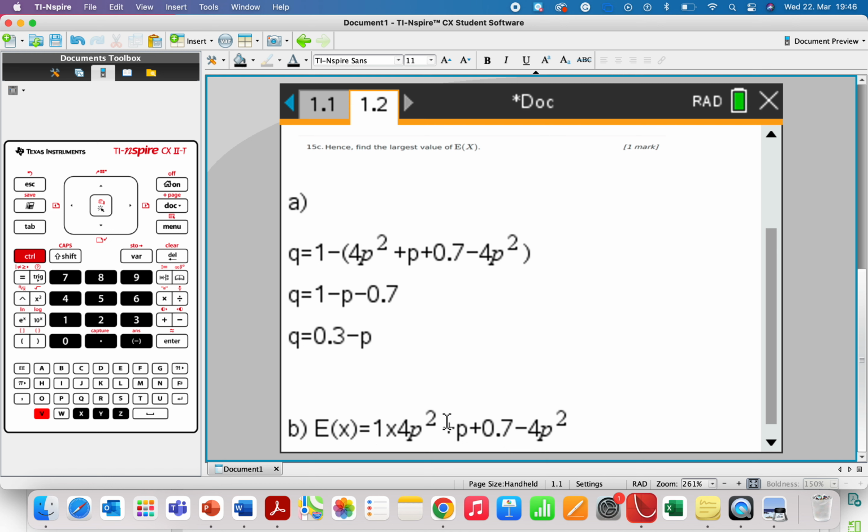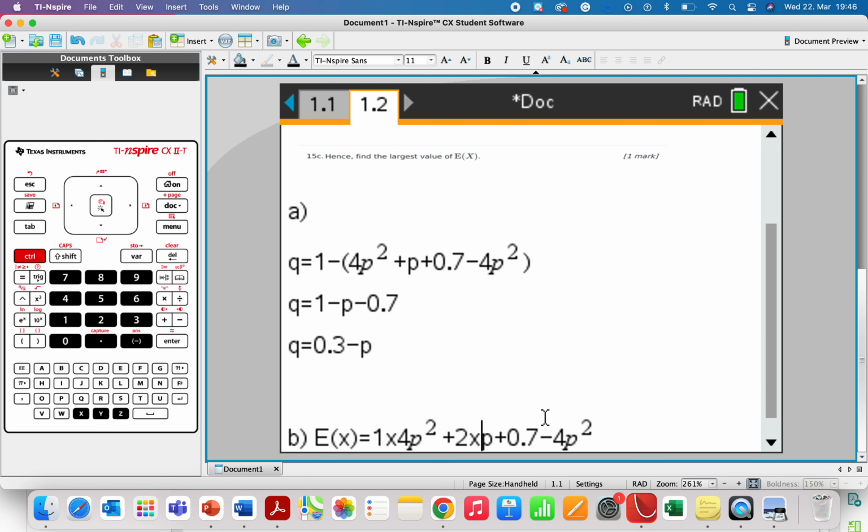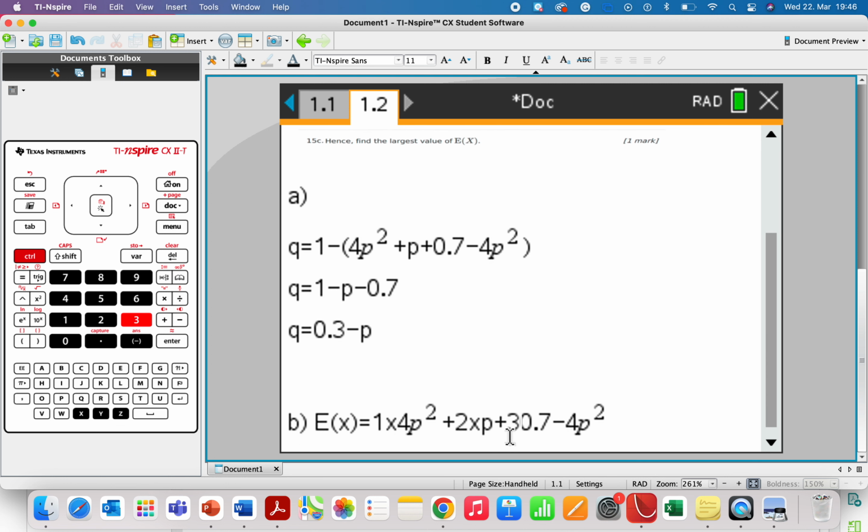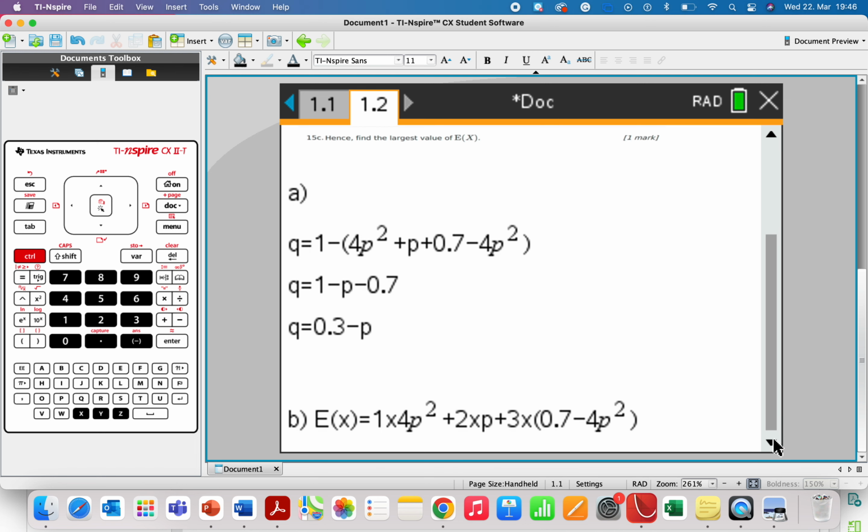So it's 1 times 4p squared plus 2 times p, plus 3 times 0.7 minus 4p squared. There you go, that's E of X. That's an expression for E of X. So we've got one variable depending on one other variable, the p.